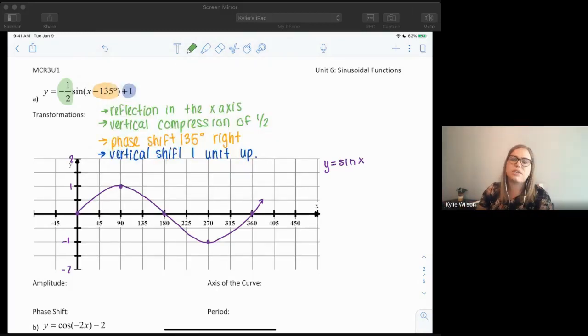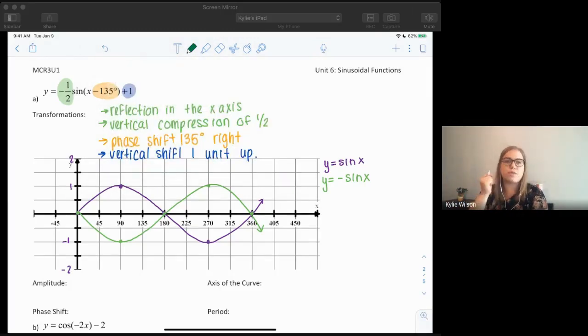You can do the reflection first or the stretch or compression rather, it doesn't really matter. There we go. So I'm just flipping this thing over the x-axis like this. There we go.